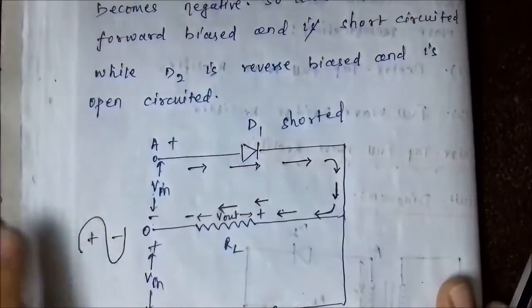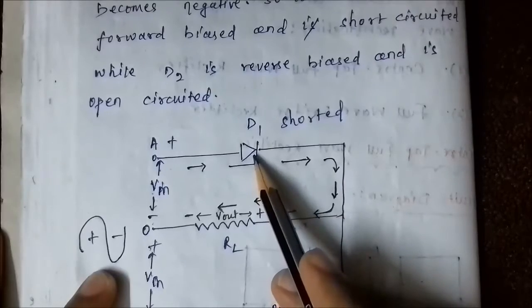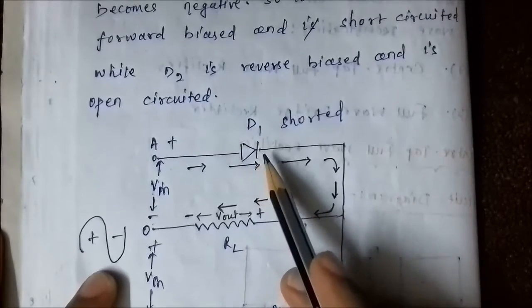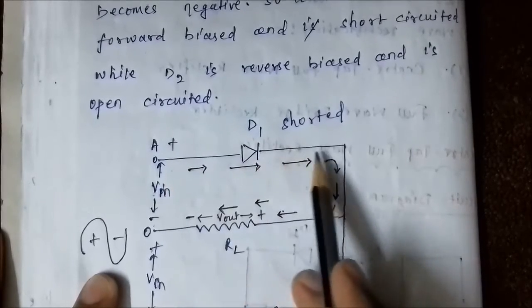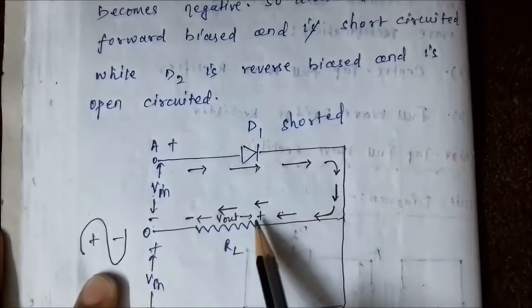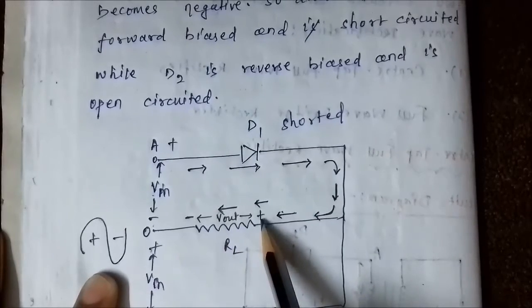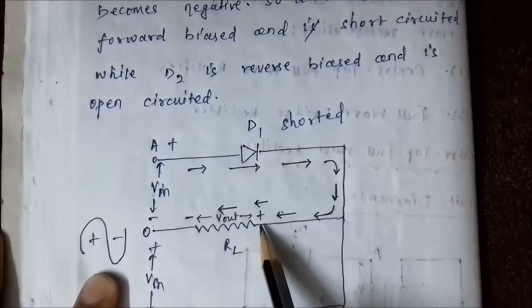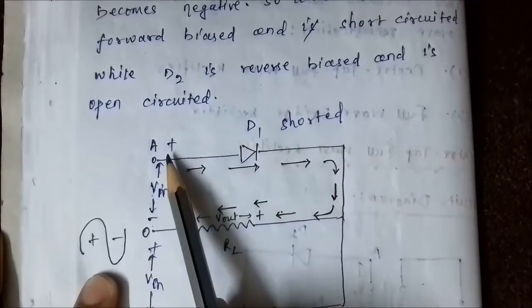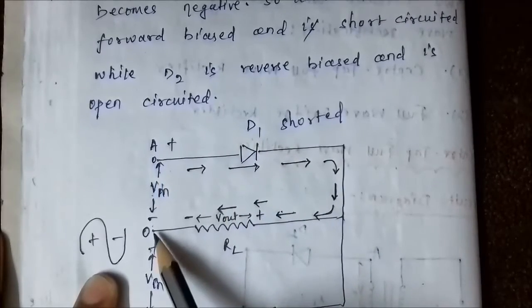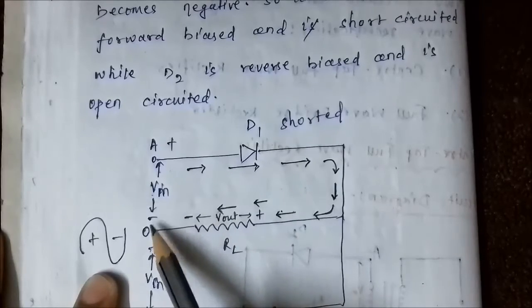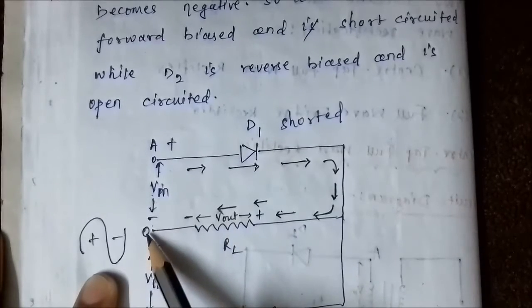So as a result of this, diode D1 gets short circuited and conducts the current from the positive terminal through the diode, following this direction through the load resistance from the positive to the negative polarity. This end of the load resistance attains positive polarity as it is connected to the positive polarity end of the secondary winding, while this end attains negative as it is connected to the negative center tap point on the secondary winding.